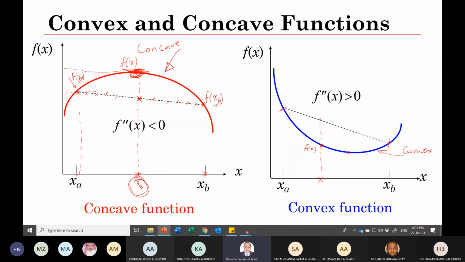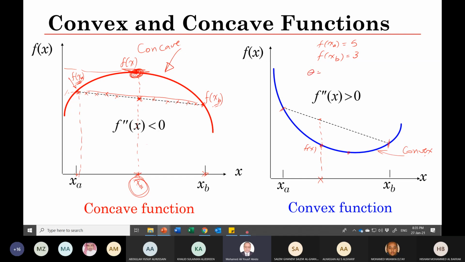For example, if f of XA equals 5 and f of XB equals 4, or 3, if you interpolate, you will get a value between 3 and 5.